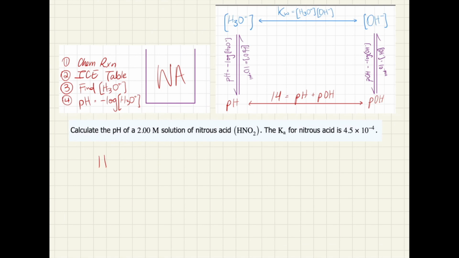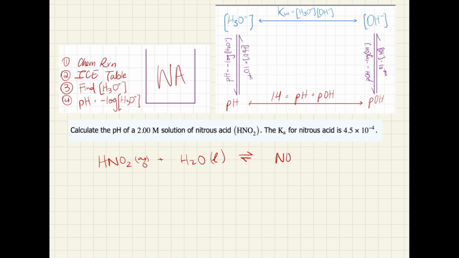So when you have nitrous acid in a bucket of water, it'll undergo one equilibrium. That's important. That's different from a strong electrolyte. But also it'll undergo the Bronsted-Lowry donation of a proton. So this proton right here is going to split off and get donated to the water. So the water is acting as a base in this problem.